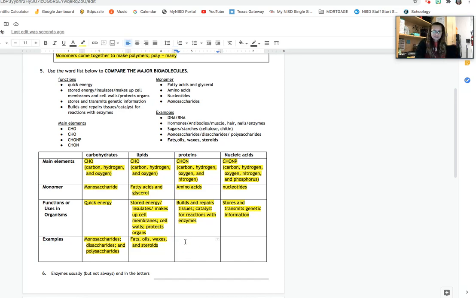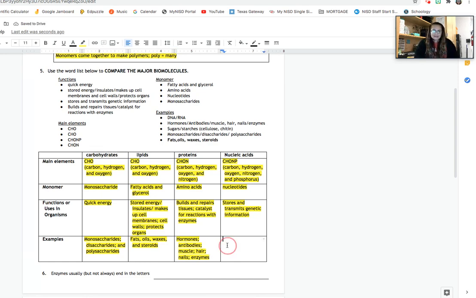For proteins, it's hormones, antibodies, muscle, hair, nails, and of course, enzymes.